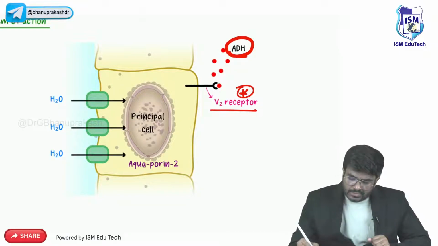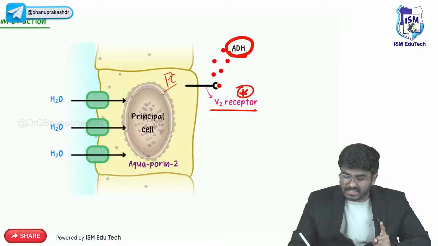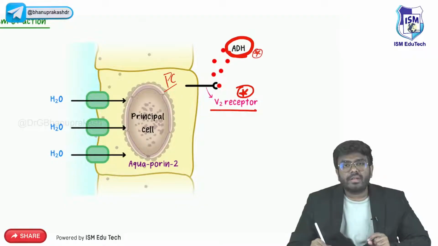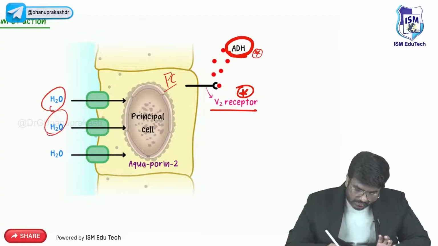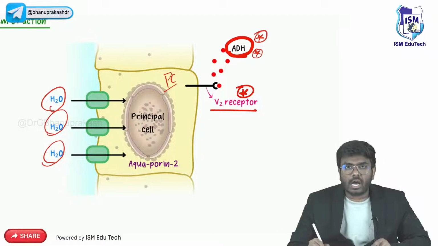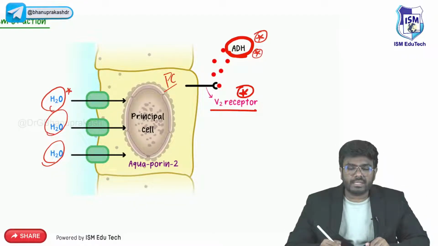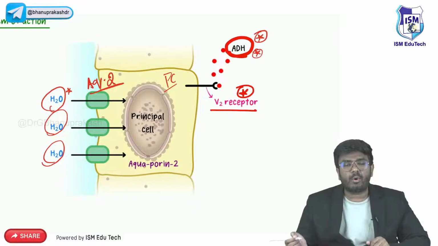Next, when the antidiuretic hormone is acting on these principal cells, again, not aldosterone, now it is antidiuretic hormone, it's not about sodium reabsorption or potassium excretion. Now water will be reabsorbed. Under the hormonal influence, water is reabsorbed with the help of aquaporin 2 channels.